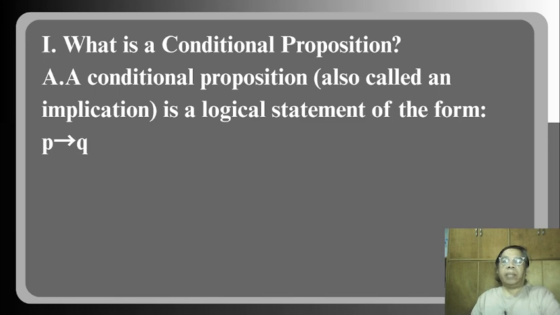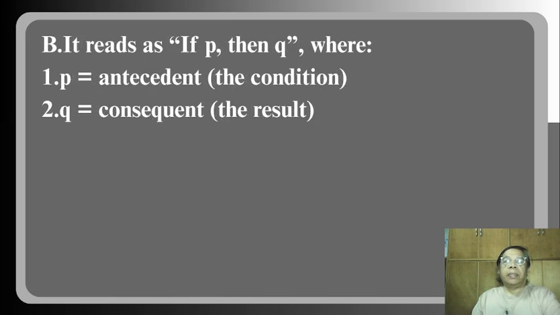What is a conditional proposition? A conditional proposition, also called an implication, is a logical statement of the form P right arrow Q. It reads as if P then Q, where P is the antecedent, the condition, and Q is the consequent, the result.